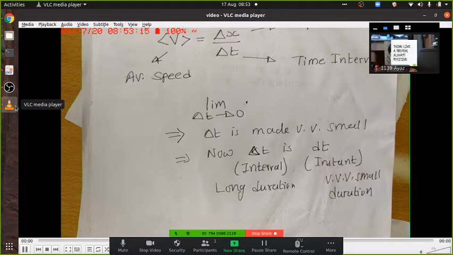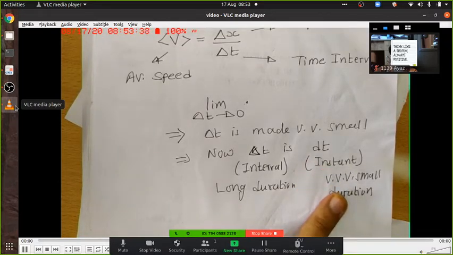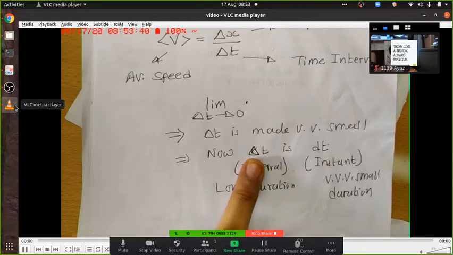Preparing roti chapati also takes time. But if you make a comparison, which is faster? Maggi. So we call it instant. But instant in not real sense. Instant means the very next moment, which is just not possible. So dt means very very small duration, and triangle delta t means long duration.